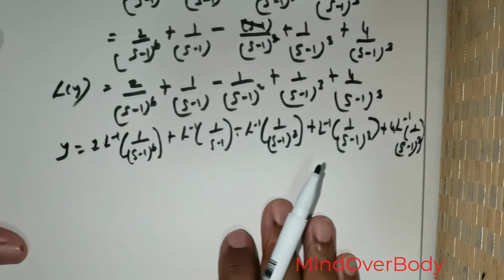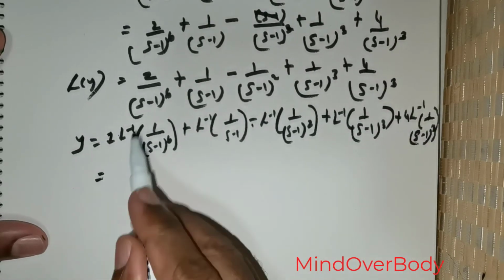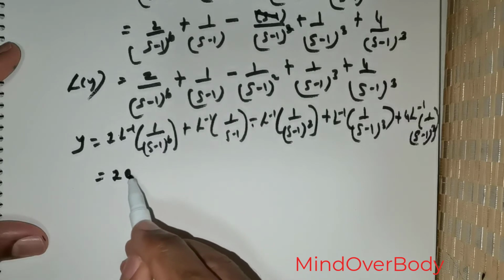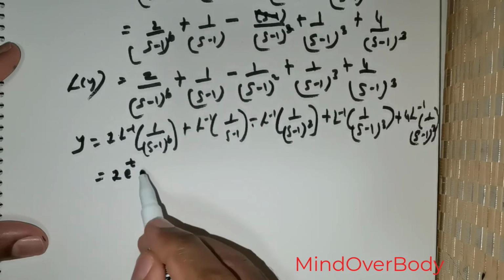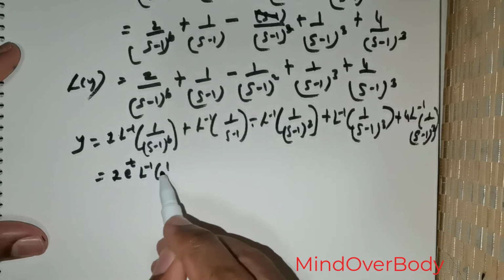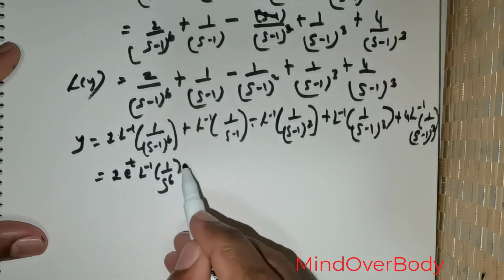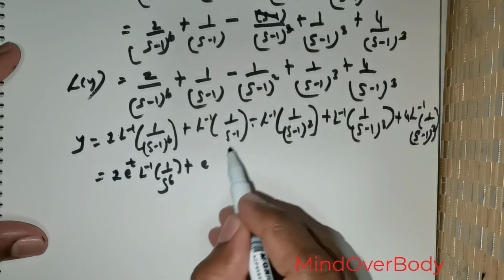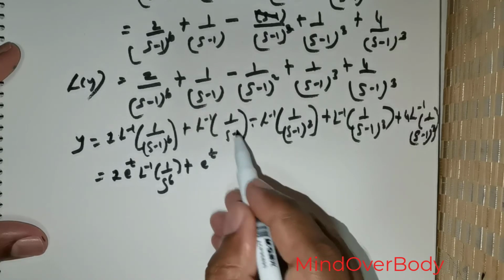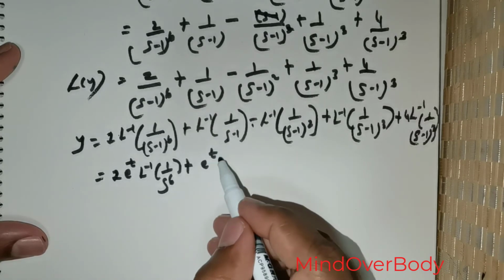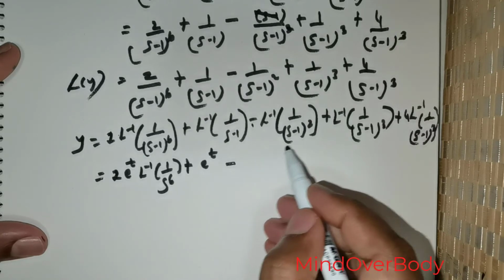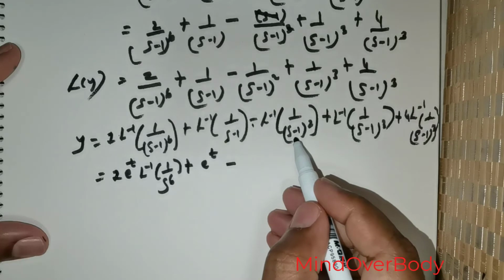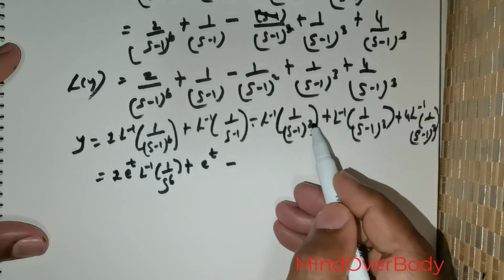Okay. So if you were to apply the shifting theorem first, it's going to be 2 times e raised to the power of t, and this is going to be L inverse of 1 over s^6, and this is going to give you positive e^t. L inverse of s is going to be 1, so nothing to worry about that, and this is (s − 1)^2, right?